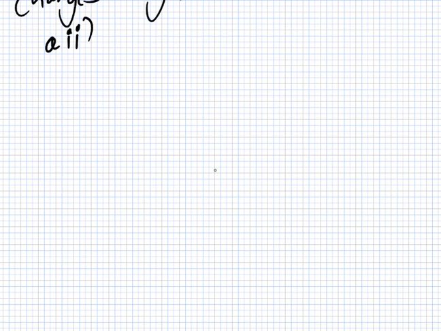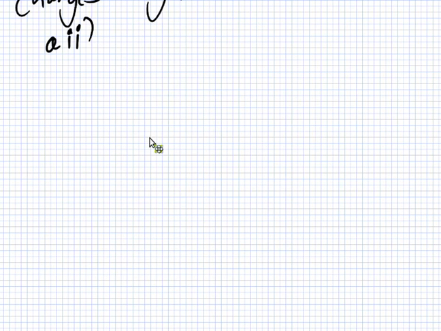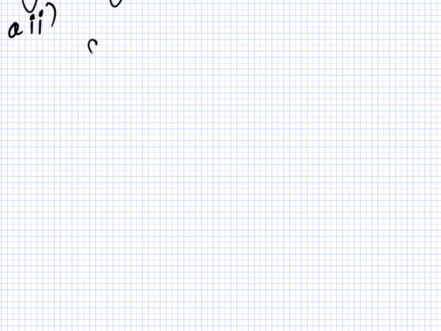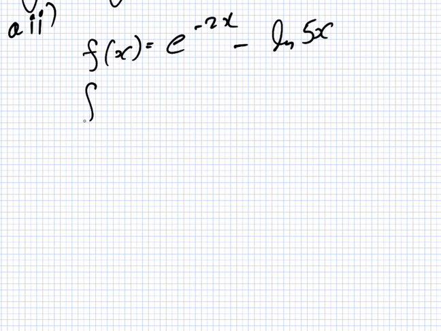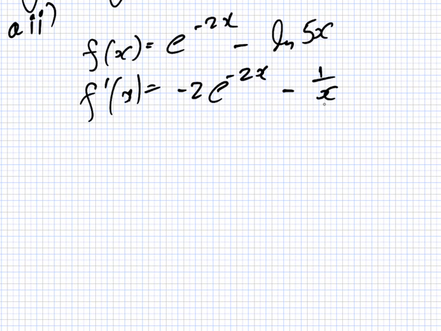Okay, now try A part 2, please. So we want to find the root for this equation. So we have f(x) = e^(-2x) - log 5x. f'(x) = -2e^(-2x) - 1/x. So Newton-Raphson's formula is this.